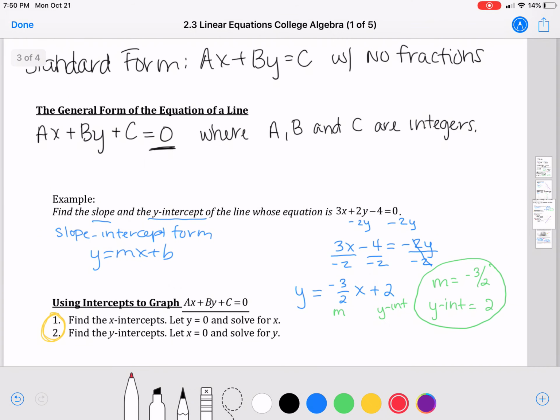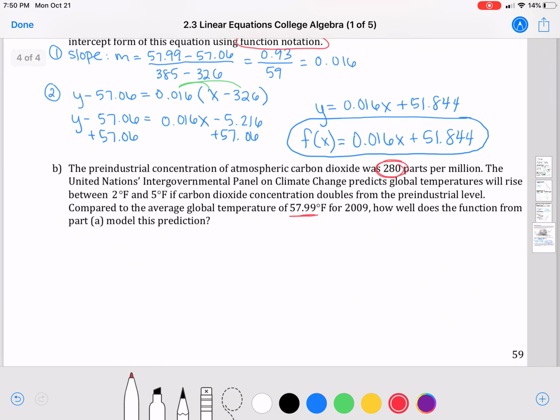Okay, so if we plug that in, we're finding f of 280. So we're going to have 0.016 times 280 plus 51.844. So go ahead and multiply.